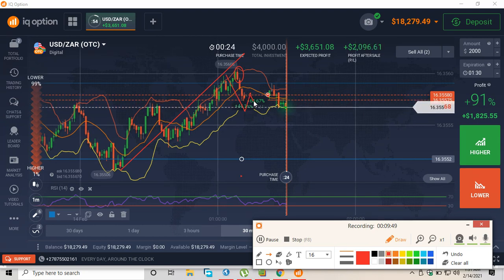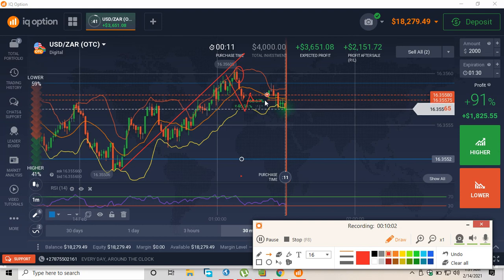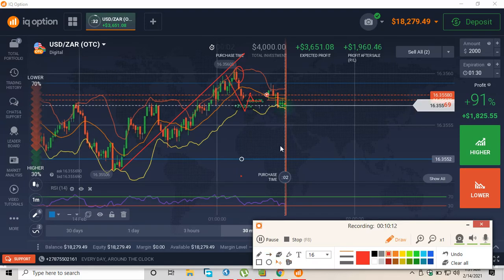Immediately after that candle closes, we entered the market right there, going down. It went all the way up, because we entered at this point here.